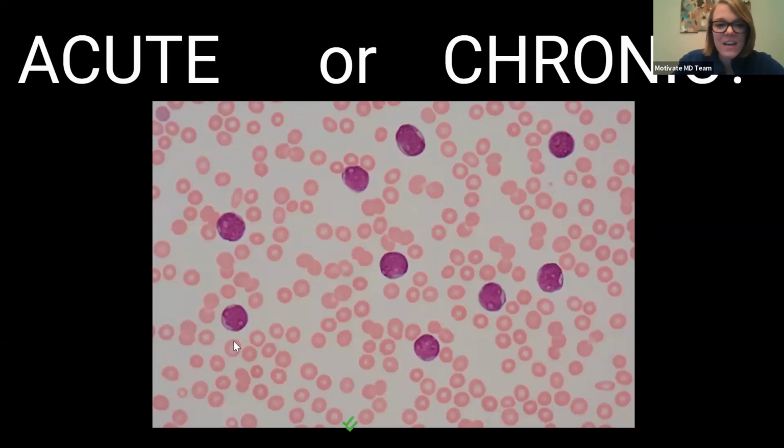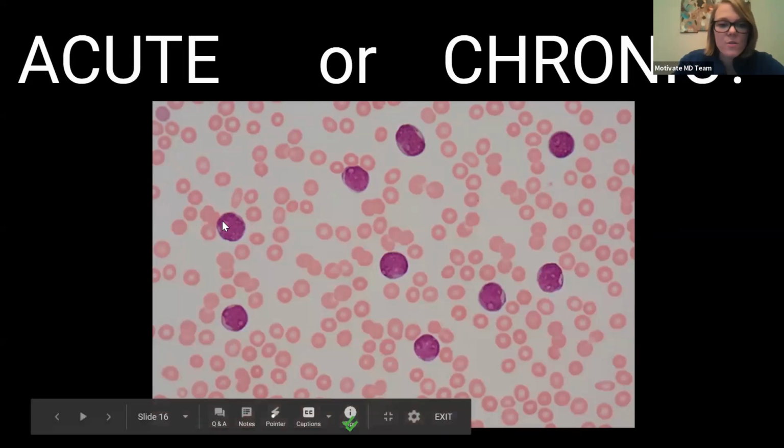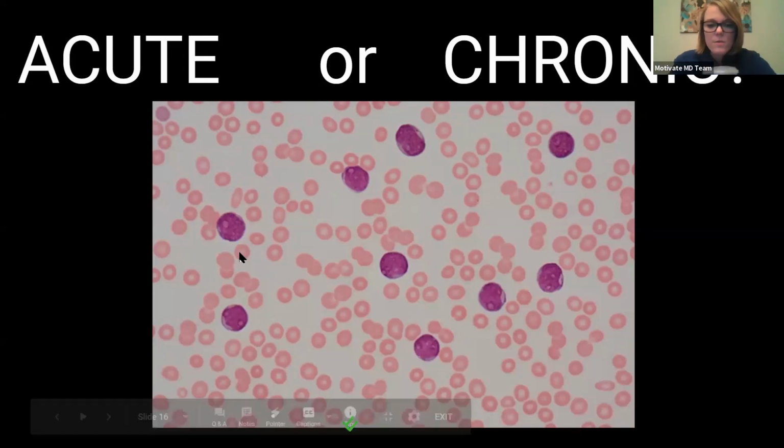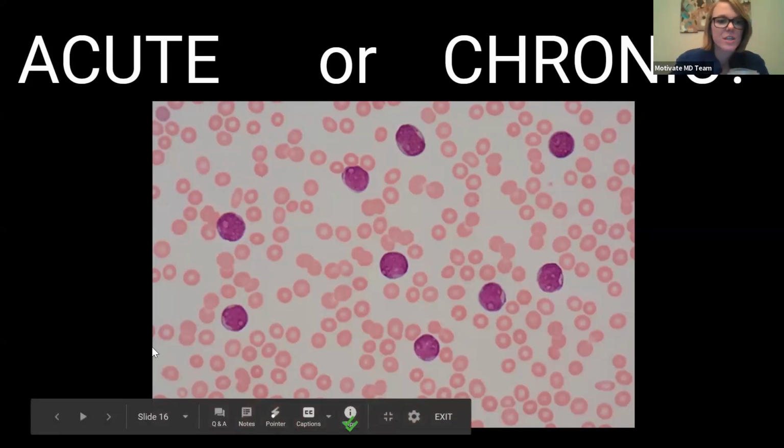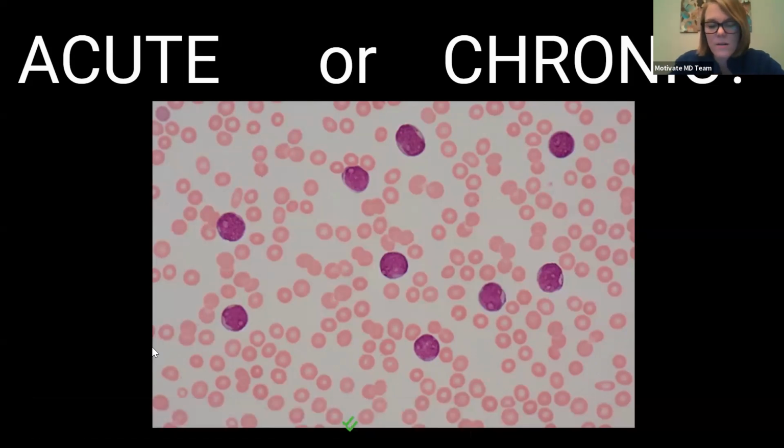We see that lacy chromatin, but what are these circles that we see in the nucleus of these blast cells? What are those? I know you guys know that from biology. Hopefully you've taken biology at this point, where you had to learn all the cell parts, the mitochondria and all of those different things.